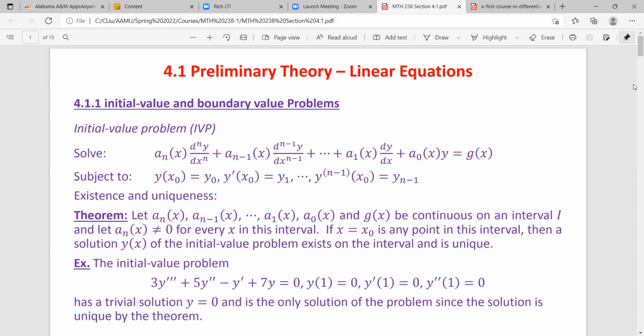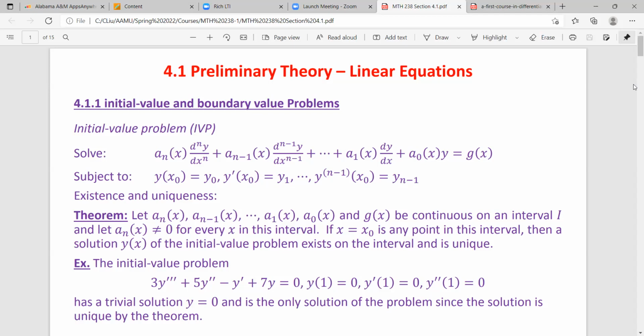Once again, we want to talk about the general properties of solutions before we talk about the strategy to solve them. We want to know whether the initial value problem has a solution or not, and if it does, whether the solution is unique. Those are general questions you want to ask even before you solve it.